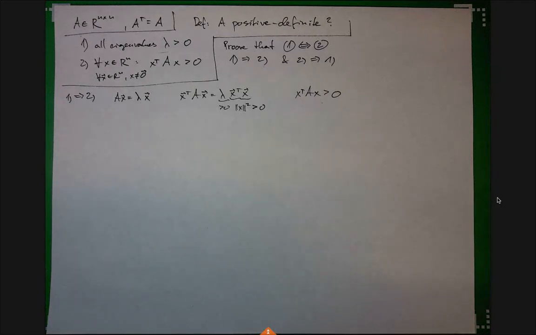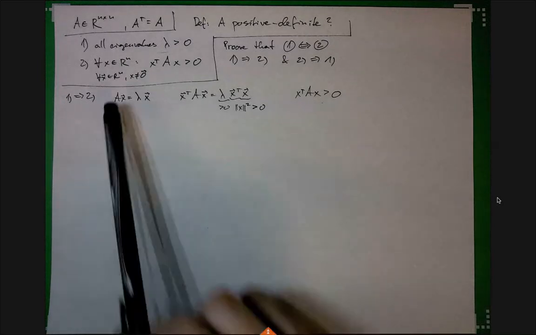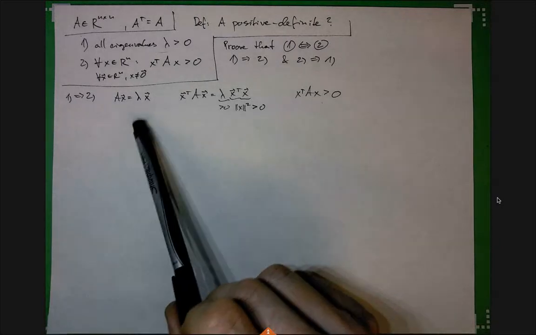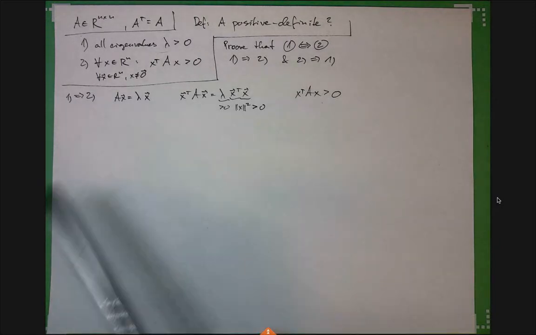So this is fine, except that we didn't really quite prove it for every possible x this way. Right now we only proved it for the eigenvectors of A.